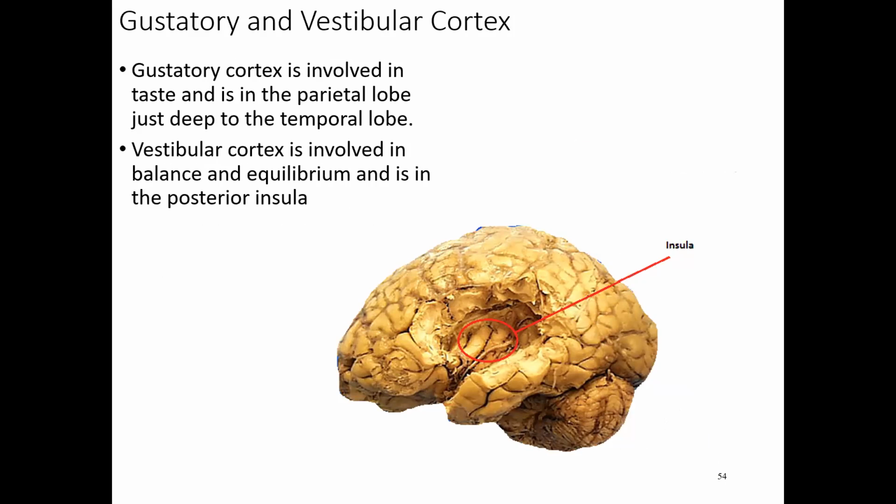So we process taste, and we remember what the tastes are thanks to the association area. Balance and equilibrium are processed in the insula. The insula is deep to the temporal lobe. So this is where the insula comes in, where we do our input from the semicircular canals.